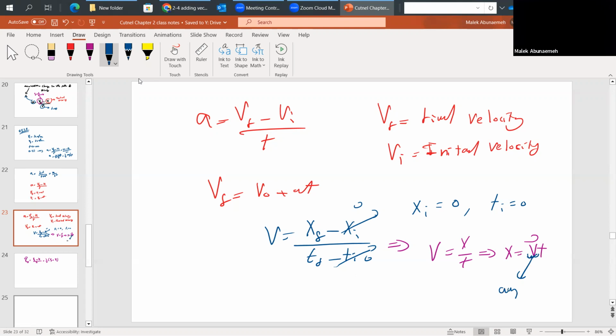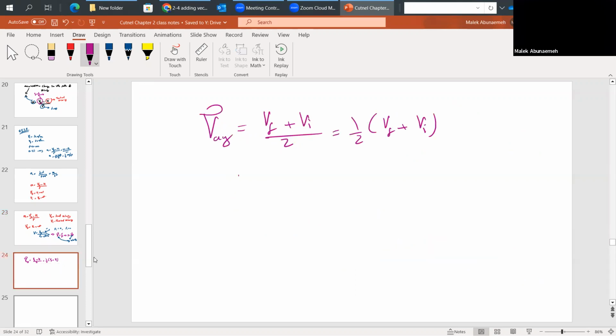It's different velocity, so this is going to be your average velocity. Plugging that back in, x equals your average velocity times your time.